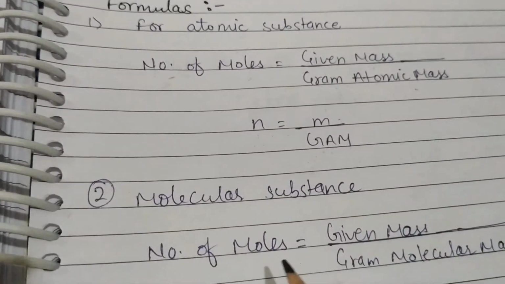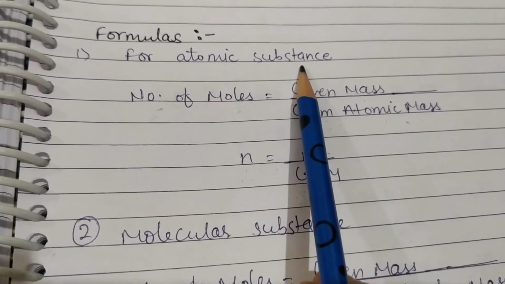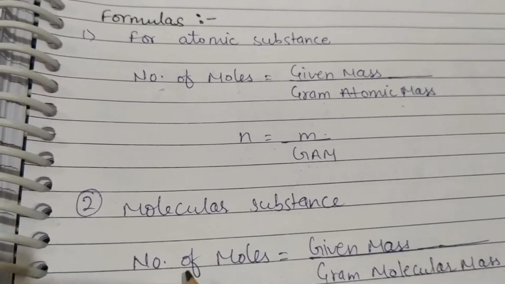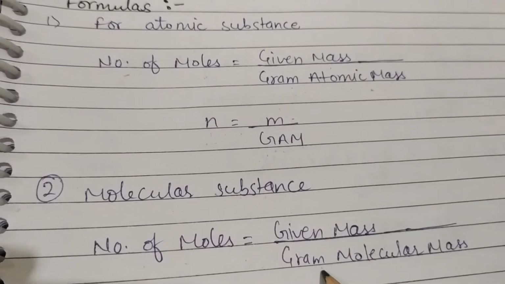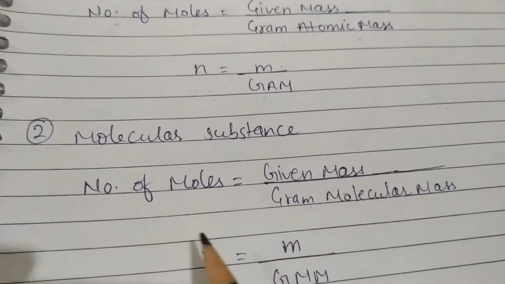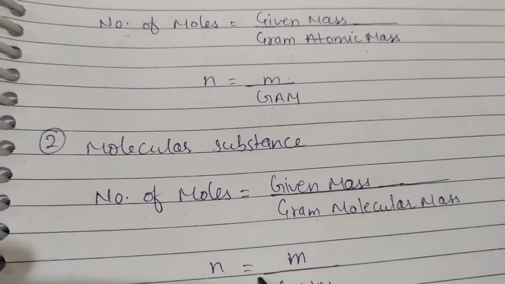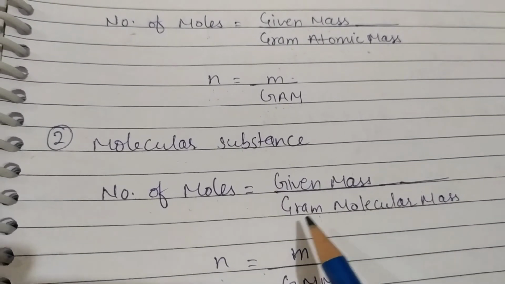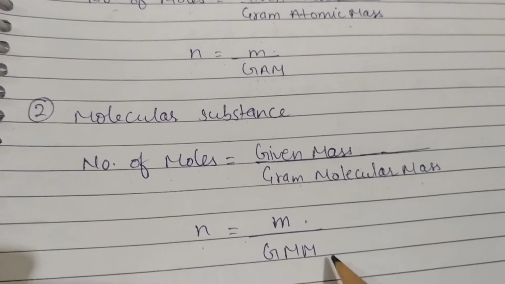Let's move to the other formula. For molecular substances, as we did for atomic substances, the number of moles is equal to given mass divided by gram molecular mass. We denote the number of moles by n, given mass by M, and gram molecular mass by GMM, so n = M divided by GMM.